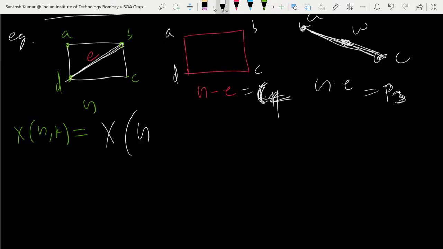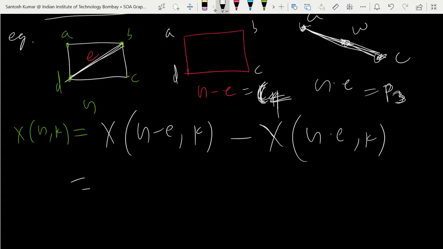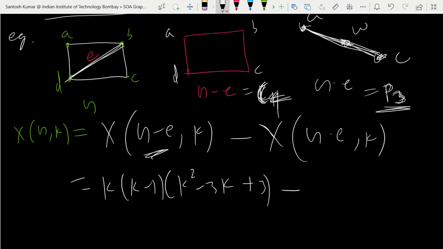So the chromatic polynomial of G minus E, k, minus that of G dot E, k. G minus E is nothing but C4, and you already know for C4 it was k into k minus 1 times k square minus 3k plus 3. G dot E is P3, and you already know for P3 it was k into k minus 1 whole square, because P3 is a tree with 3 vertices.